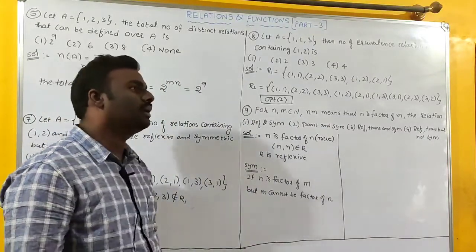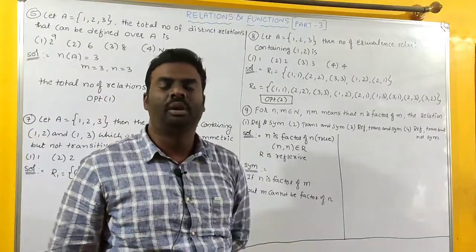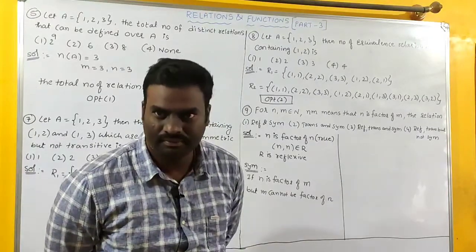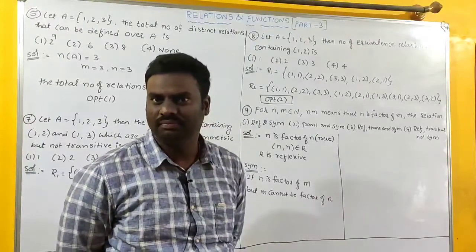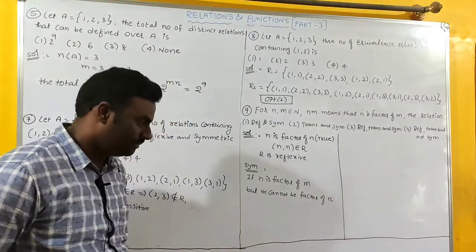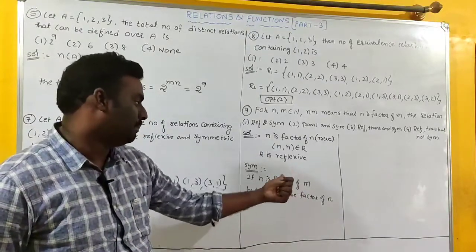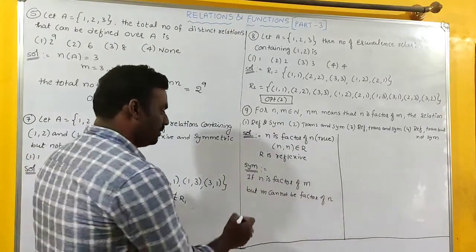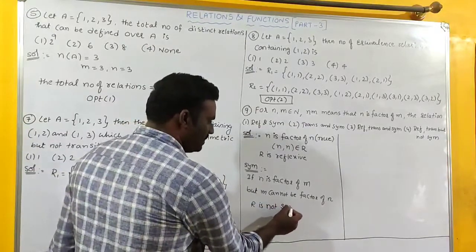Because you can say 1 is a factor of 2, but 2 is not a factor of 1. That's why here (n, m) belongs to R, but (m, n) does not belong to R. Therefore, R is not symmetric.